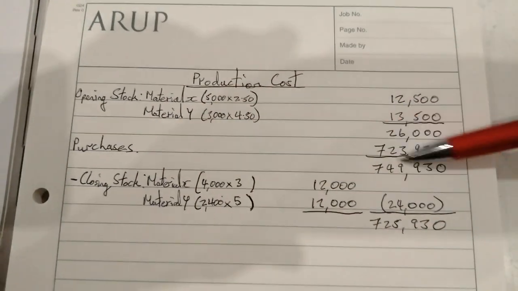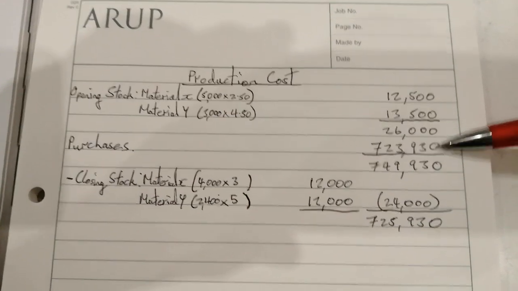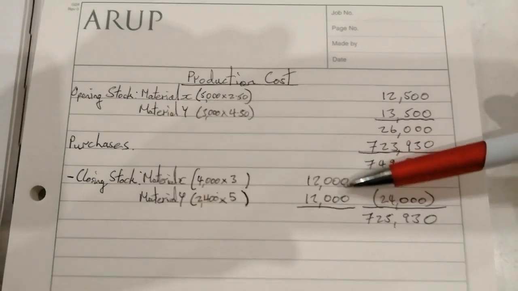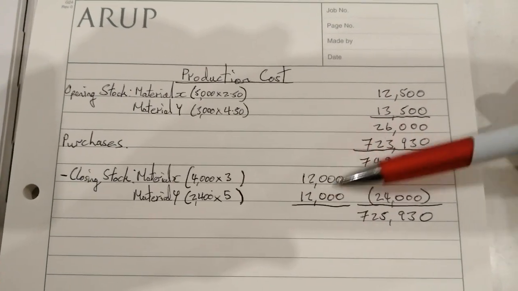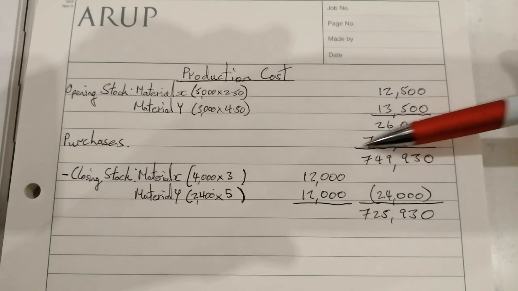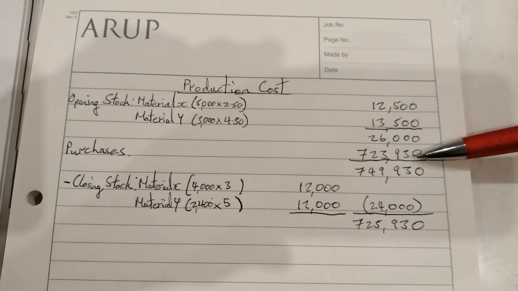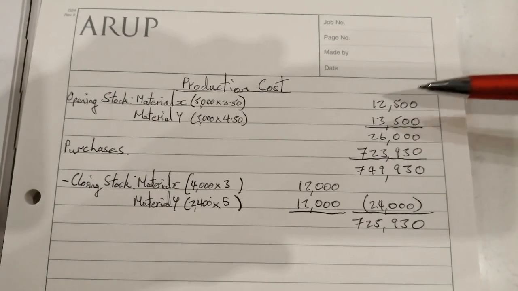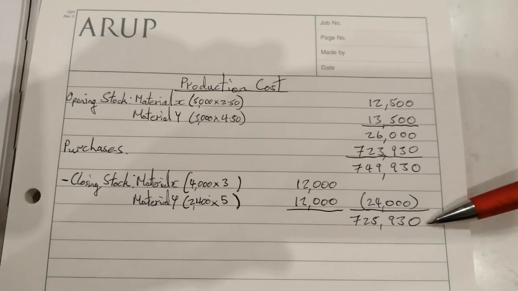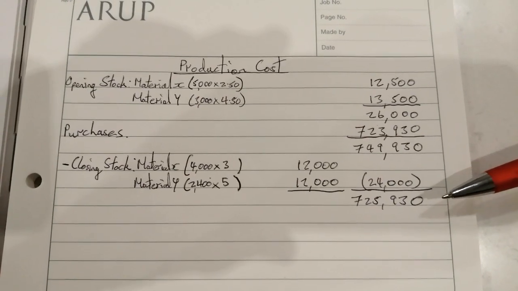Then you bought a whole load more materials, so that should also feed into it, except that you didn't use all of this 723,930. You kept some, you had some closing stock, you kept some left over for next year. So you have to subtract that from the 723,930 of purchases to give you what you actually used during the production process. So that's why we take the opening stock, add the purchases, and then subtract the closing stock to get the actual cost of the material that we used during the production process this year.